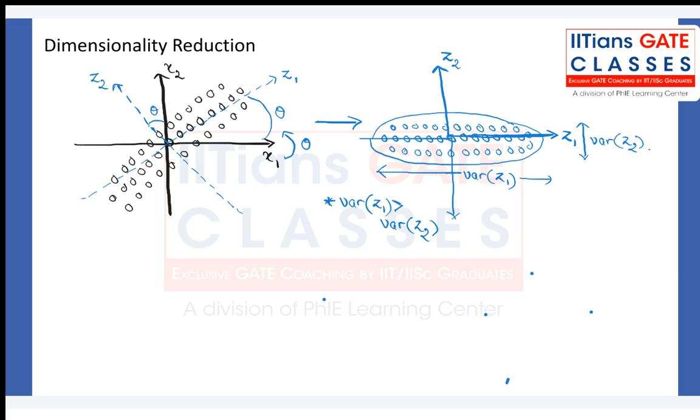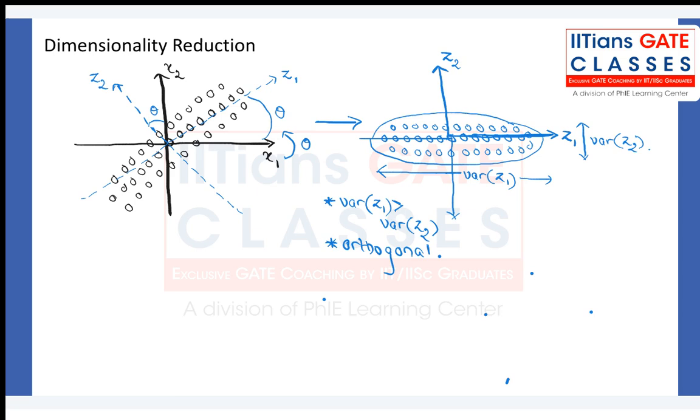And if you see, these two axes are orthogonal. Yes, z1 and z2 are orthogonal. Again, my drawing is not showing that, but please pardon me.